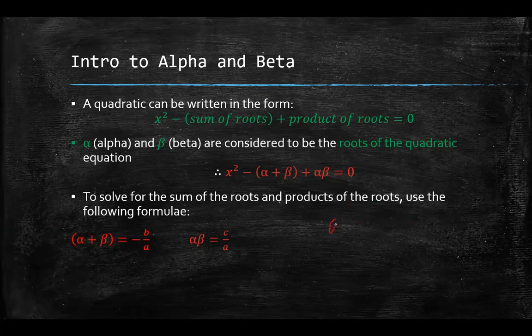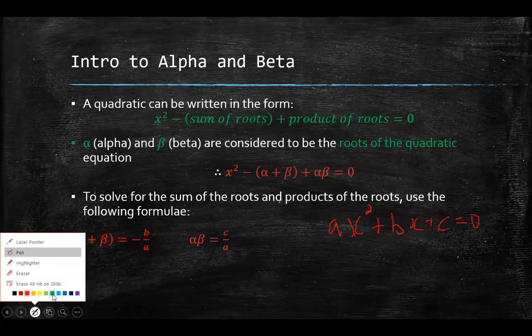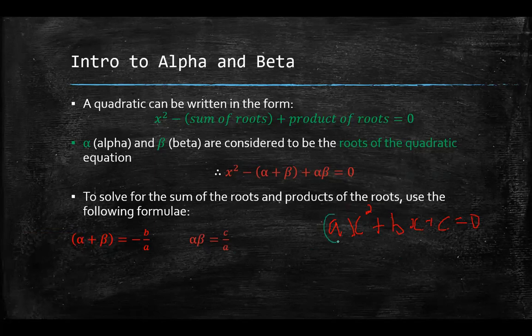So, like I said, ax squared plus bx plus c is equal to 0. That's the standard form of a quadratic. A is the coefficient of x squared. Coefficient just means that it comes before x squared.